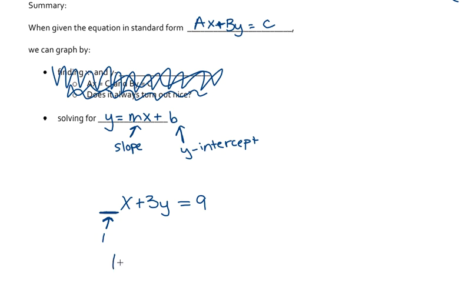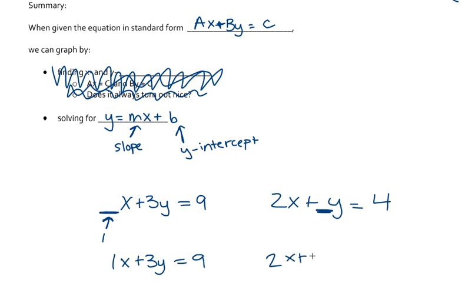So we're going to make it 1x plus 3y equals 9. Okay? Same thing if it's just a y. So if it says 2x plus y equals 4, right here is really 2x plus 1y equals 4.